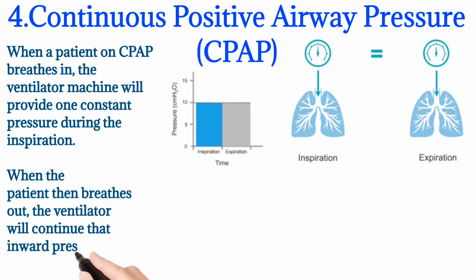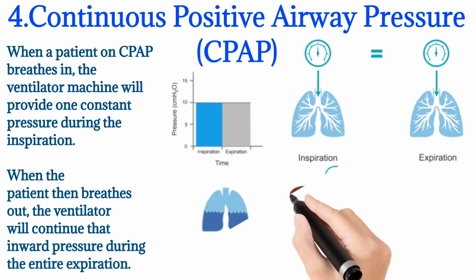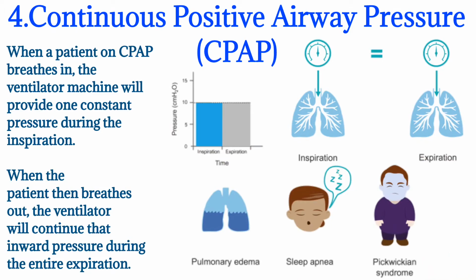When the patient then breathes out, the ventilator will continue that inward pressure during the entire expiration. CPAP is commonly used for patients with the following respiratory disorders: acute pulmonary edema, obstructive sleep apnea, obesity hypoventilation syndrome, Pickwickian syndrome.